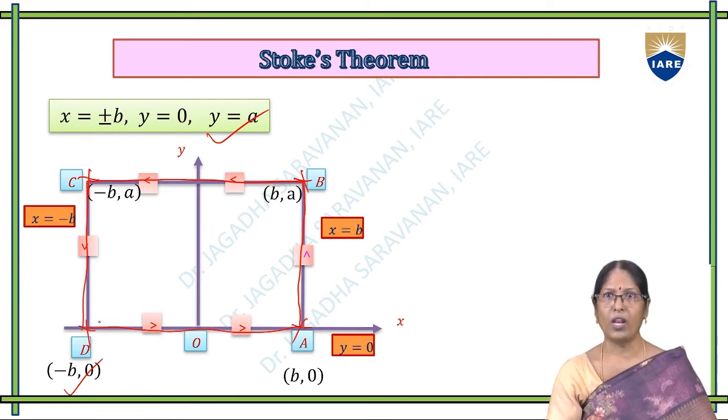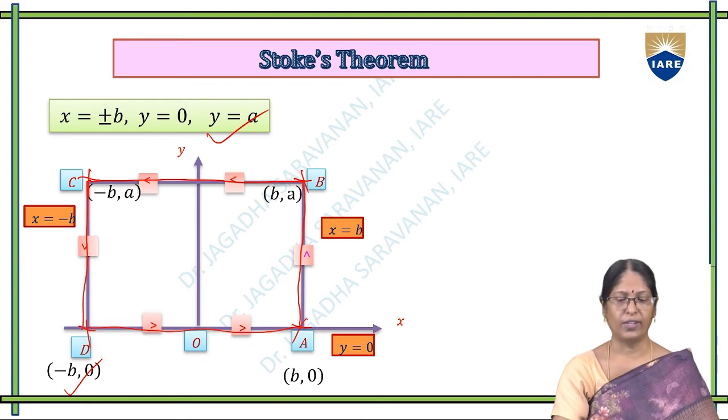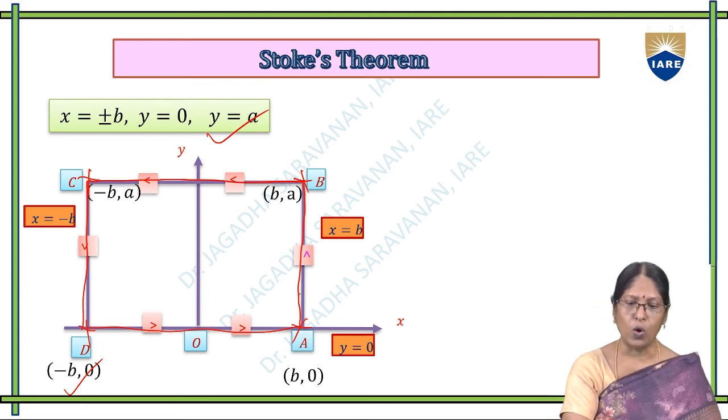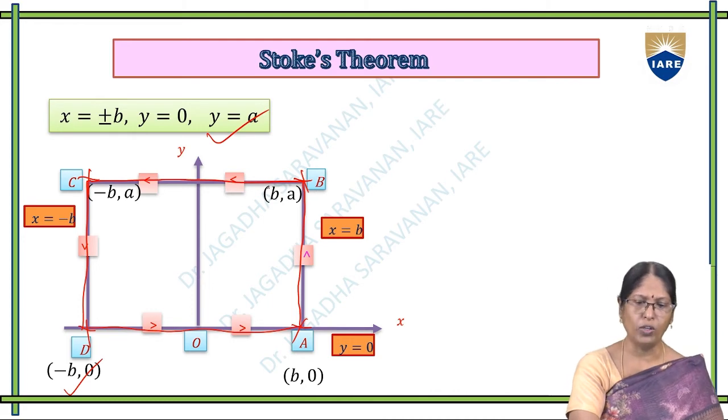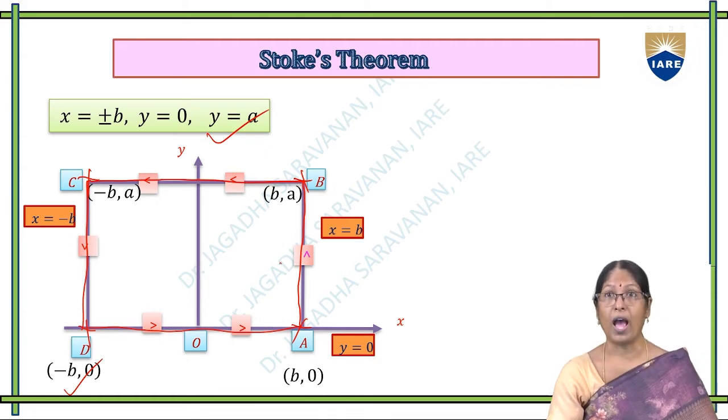So we are going to evaluate the values along DA, along AB, along BC, and along CD. These 4 values we have to add.